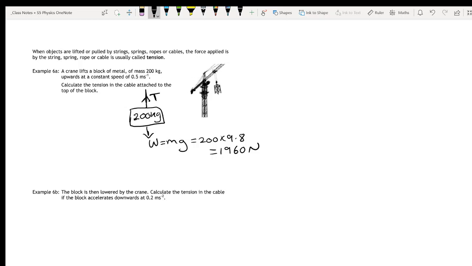Okay, so what else are we told in the question? Something really important. Constant speed. So what do we know about forces, constant speeds? Balanced, yeah. So constant speed means the forces are balanced. So T, the tension, must be the same as the weight downwards.